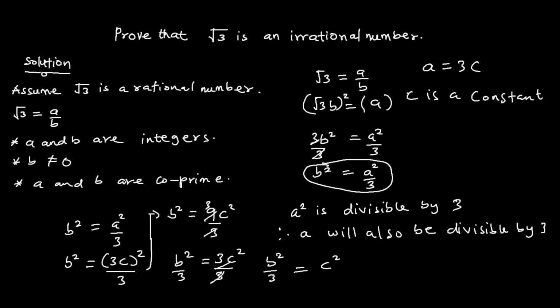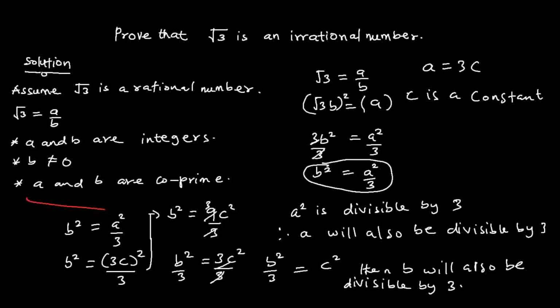And then if b squared is divisible by 3, then b will also be divisible by 3. Okay. So now you see that a is divisible by 3 and then b is also divisible by 3.